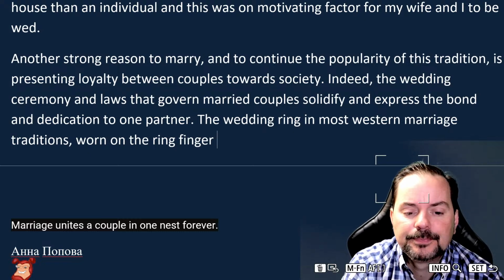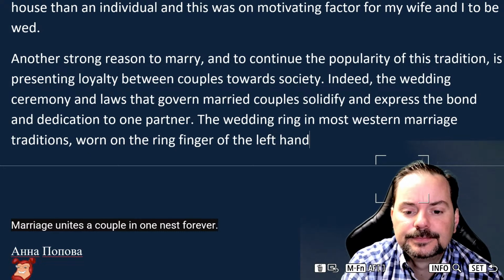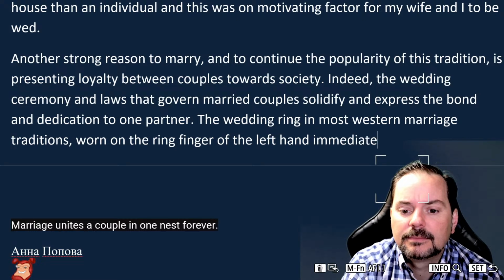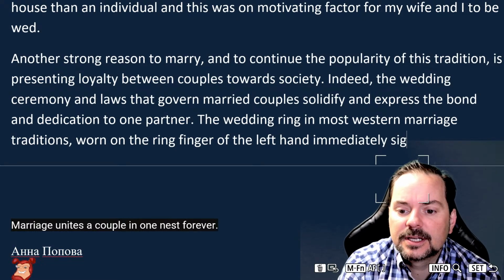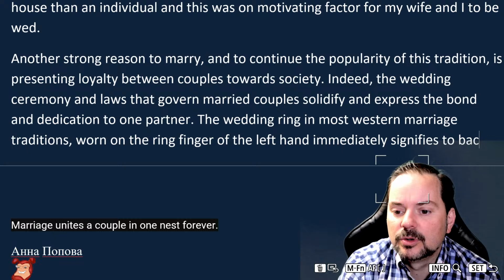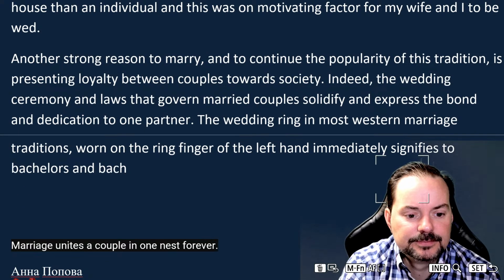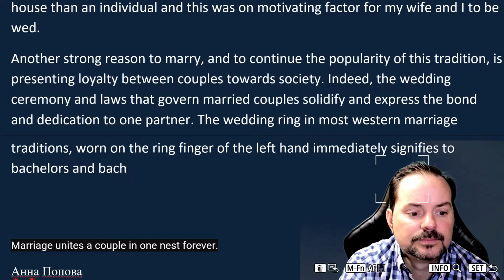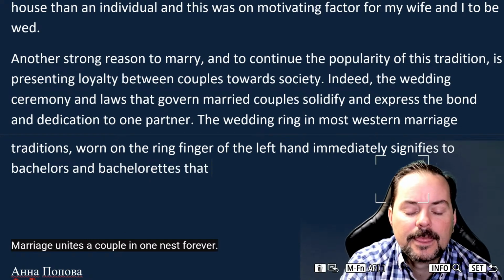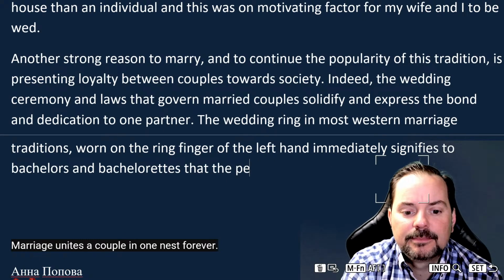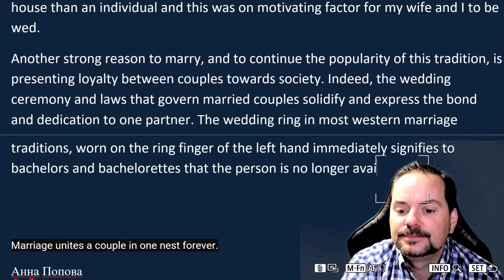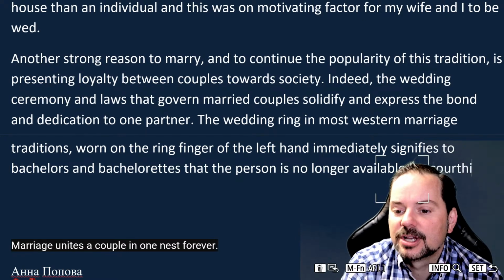Ring finger of the left hand immediately signifies to bachelors and bachelorettes that the person is no longer available for courtship.